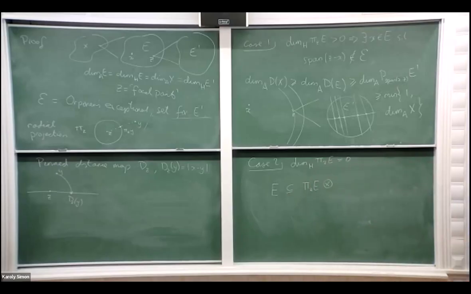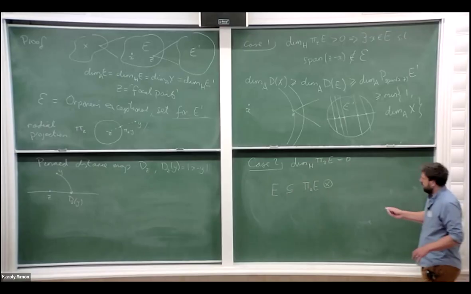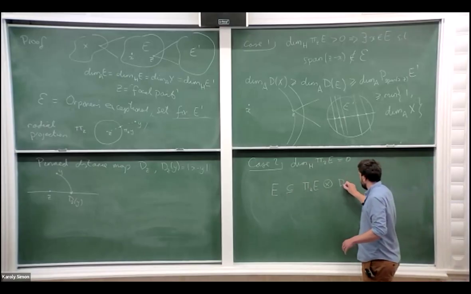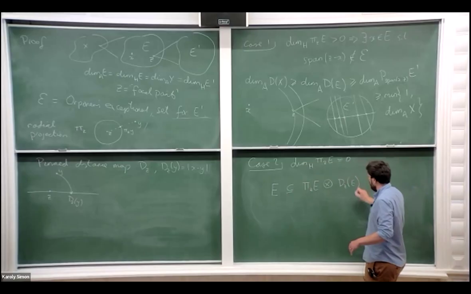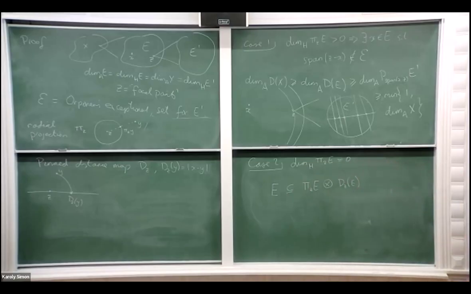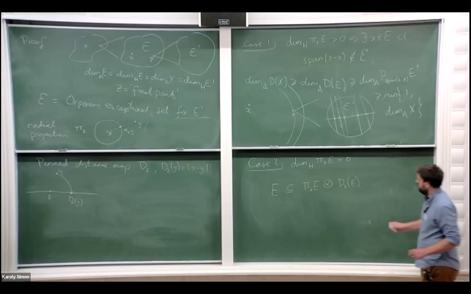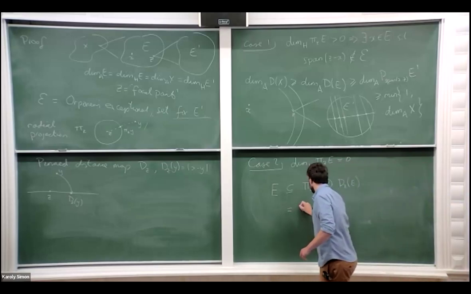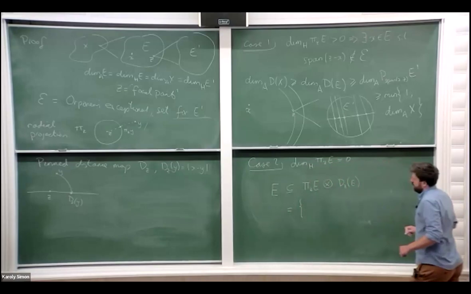I'll explain what this is in a second, but it's like a radial product or something with the pin distance set. So what is this set formally? Maybe I should write it down.